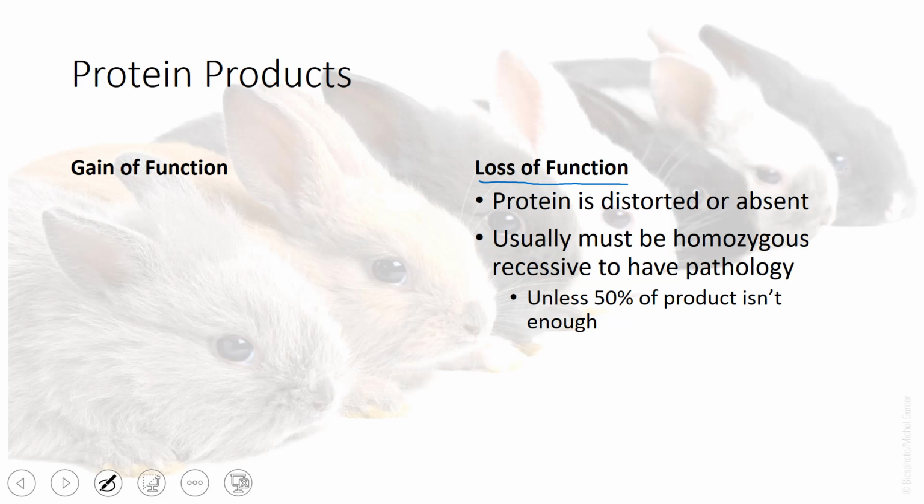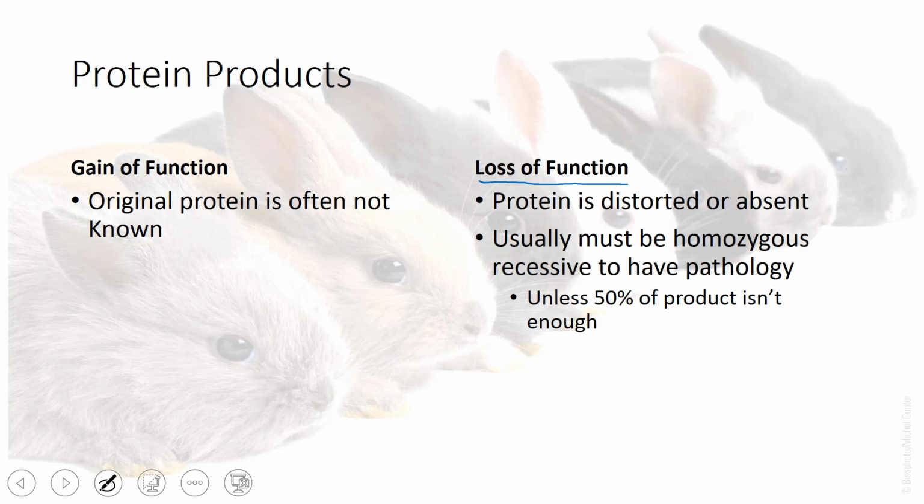Then you have some mutations that are gain of function, and Huntington disease is an example of this. In many of these, your original protein isn't even known. We're making some new protein product as a result of mutations, and that protein product is interfering with normal cellular function and development.